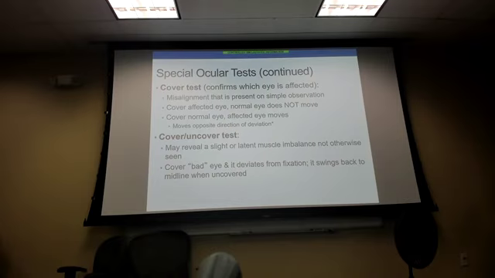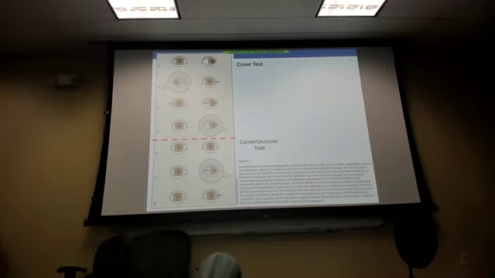So when parents come in and they say, I swear when they get really tired or right before a nap, I swear this one eye just drifts, but you can't tell, and you're like, which eye is it? And you're like, I don't know, left or right. They will say that. The cover uncover test is helpful for those phorias to see what's happening.